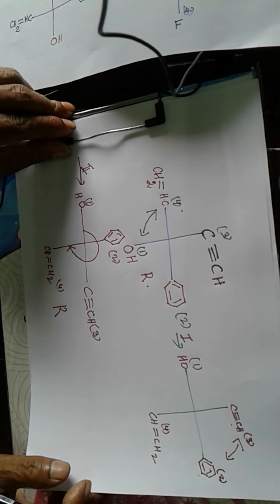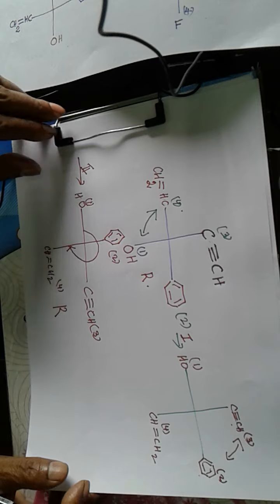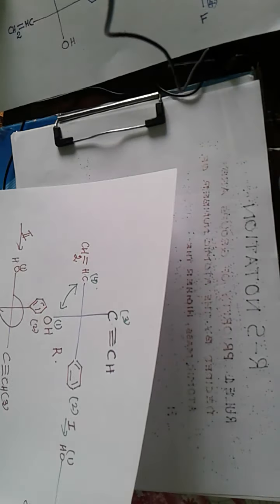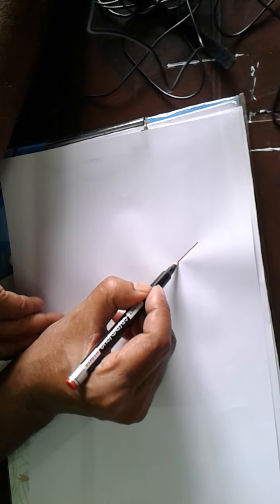So we can assign the configurations by taking the Fischer formula, and the Fischer formula can be obtained from the wedge formula easily. Suppose the wedge formula is given like this.